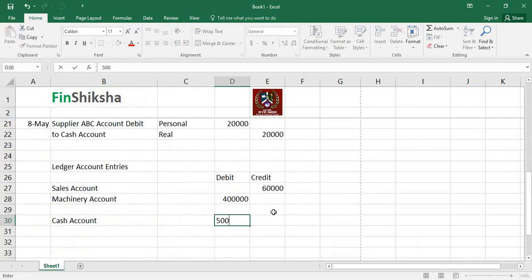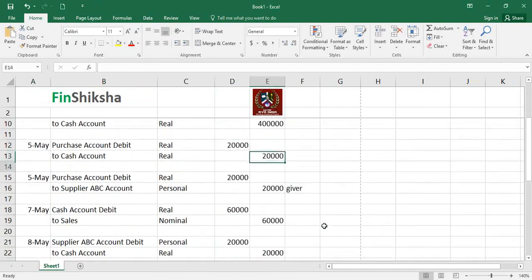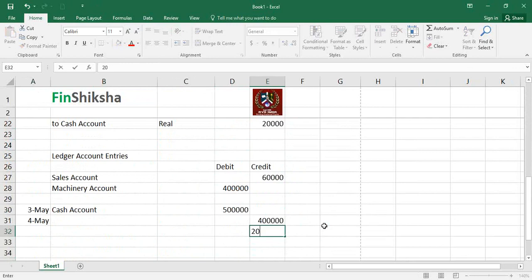So cash account gets debited 5 lakh on the 3rd of May. Then 4th of May, same cash account gets credited for 4 lakh. So we have 4 lakh that comes here in terms of the credit here. Then we go ahead and look at 5th May cash account credit. That's a 20,000 credit again here, and that's 5 May.